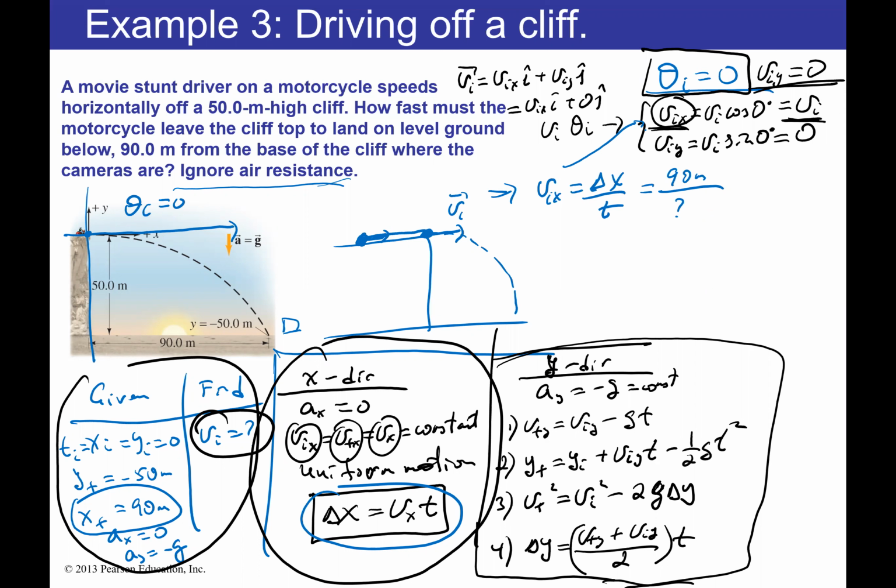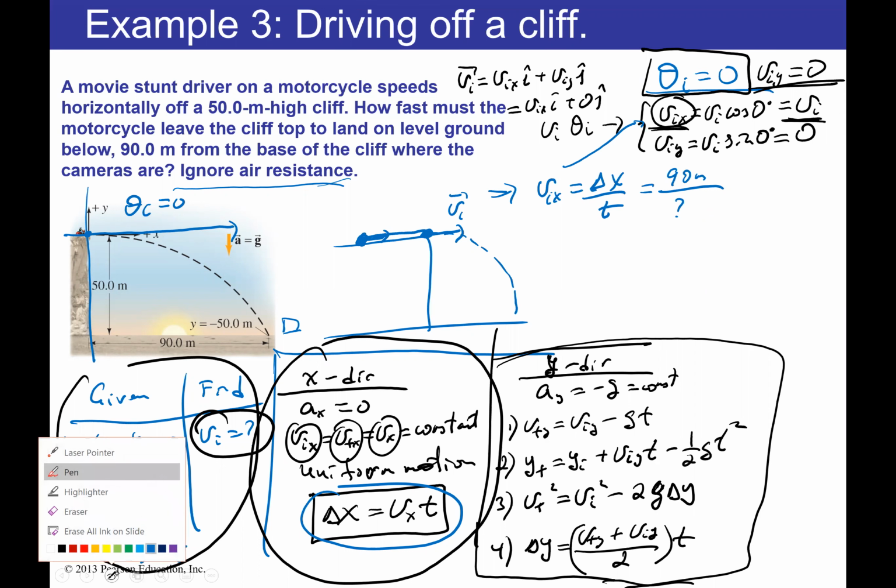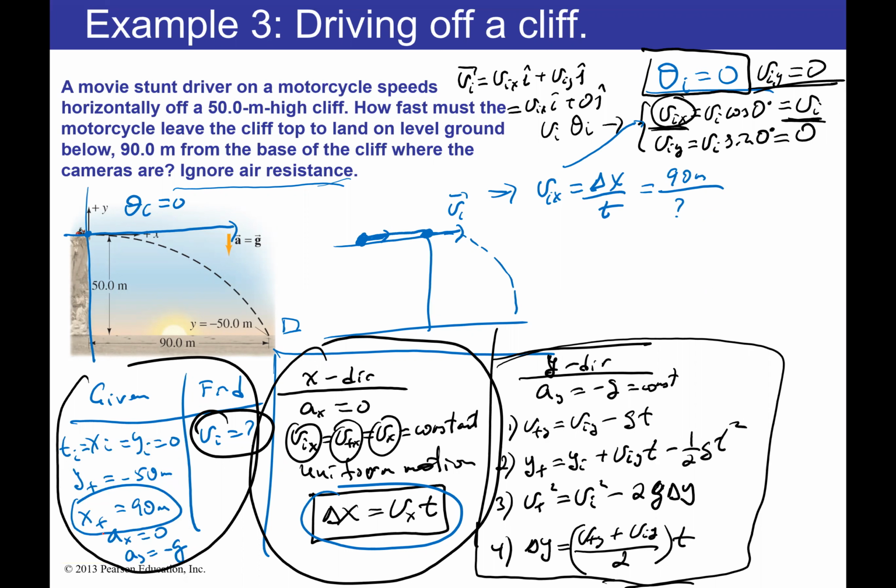Now the question is, how do I find time? Obviously, I cannot use this delta x equation anymore because I have two unknowns there. But then you go and look at your vertical direction equations. Remember, the time is the same, right? So you have equation 1 with the time, 2 with the time, 3 with the time. Sorry, 4. Then you ask, which one can I use to find the time?